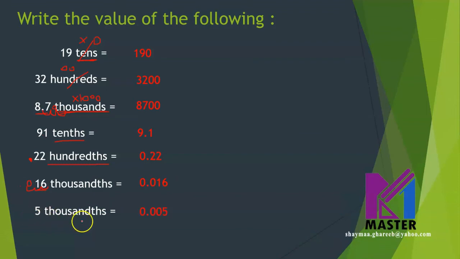I will do exactly the same. Then it will be 0.005. Move the decimal point 3 places, 1, 2, 3, then put the decimal point and 2 zeros in the places as a placeholder.